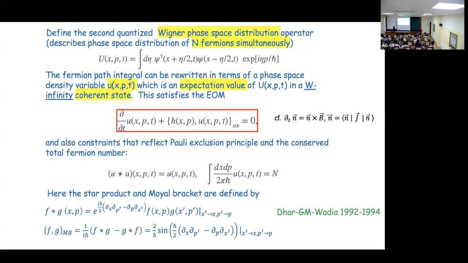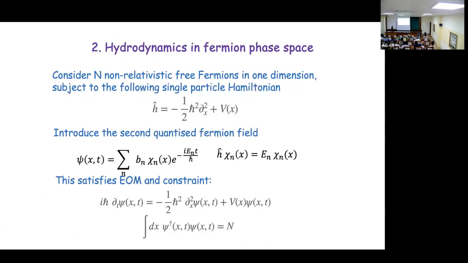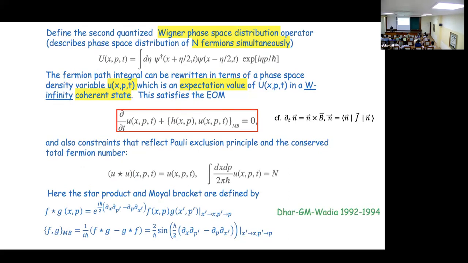One comes from the fact that the integral of the total phase space distribution, even the quantum phase space distribution, should be equal to N. It just follows from this equation. That is easy to show. I'll derive all this. It also satisfies the star product constraint. That also I'm going to derive very soon.